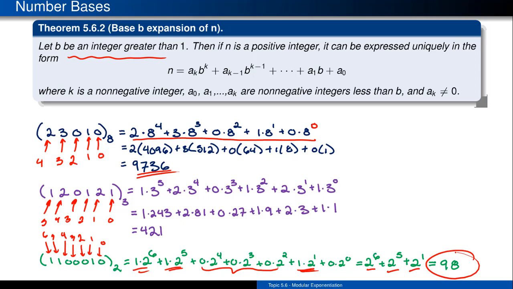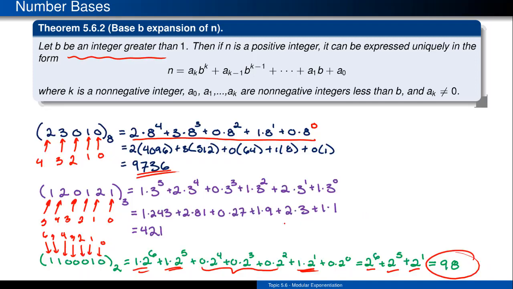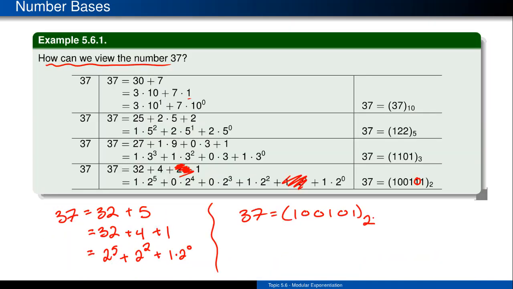So at the end of the day, I want to come up with a somewhat more efficient way to actually convert from numbers into their base B representation. Luckily for us, we have a very nice little process that's going to come into play. We have this base conversion algorithm. It's basically the same thing that we did earlier. You're going to try to break off as many of these things as you can.